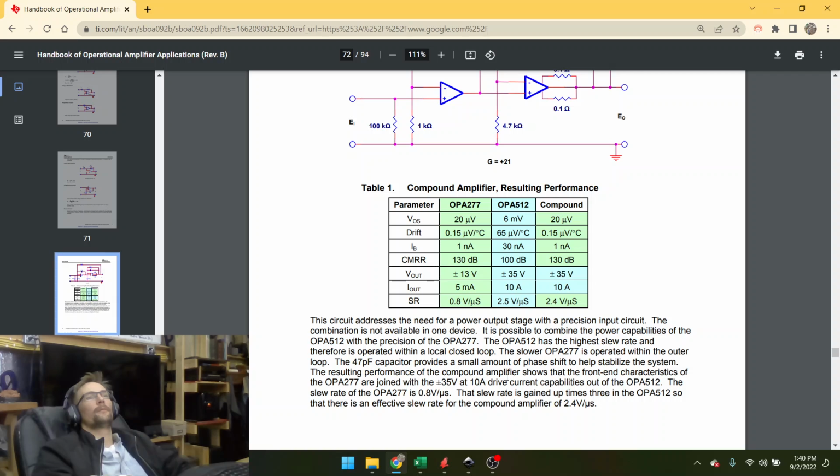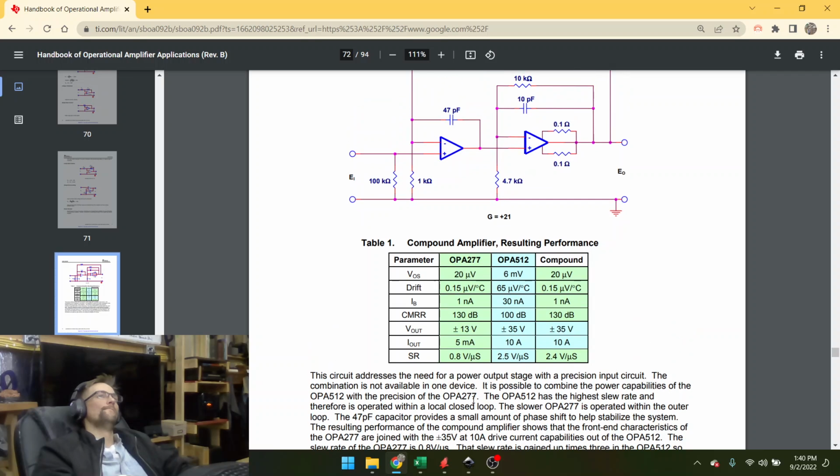Wow, this guy had 10 amp drive current. Wow. V offset 20 microvolts, 6 millivolts.